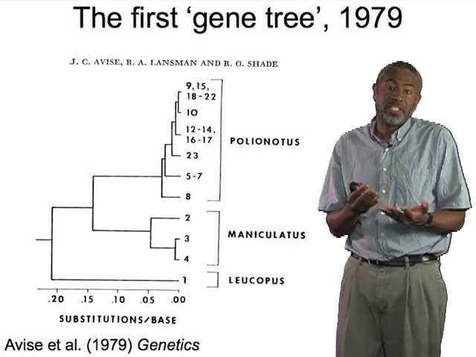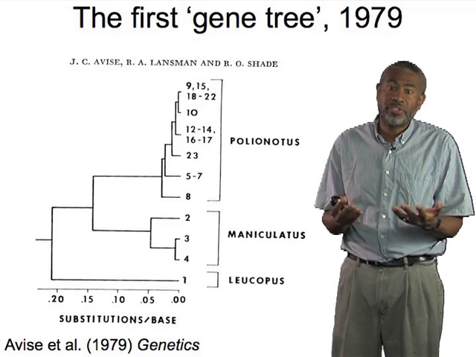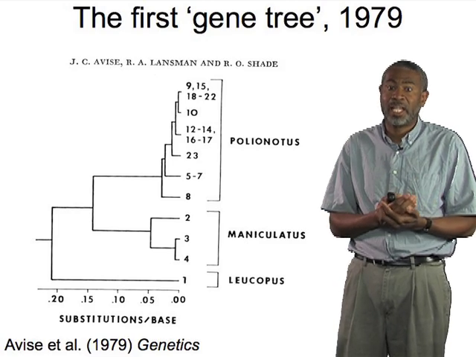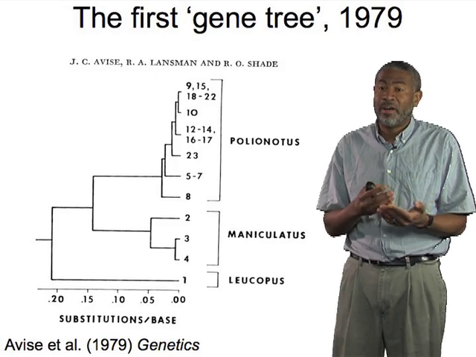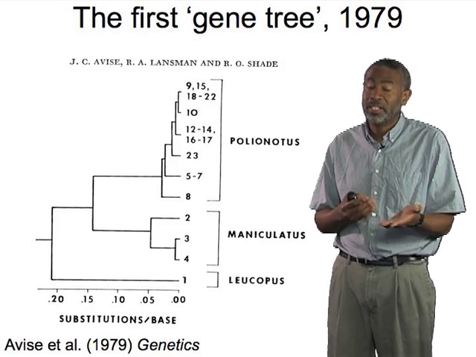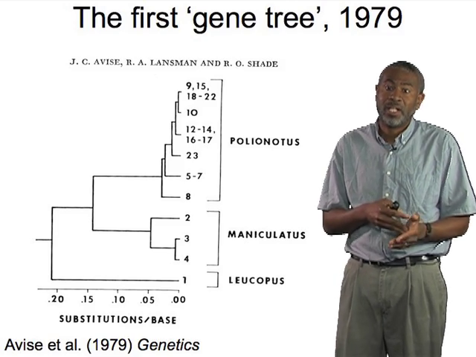Okay, so here's an example of a gene tree. This is, in fact, the first gene tree published in the late 1970s by John Avise and colleagues. It relates to alleles in a group of rodents called deer mice. You can see Peromyscus polionotus, Peromyscus maniculatus, and Peromyscus leucopus.